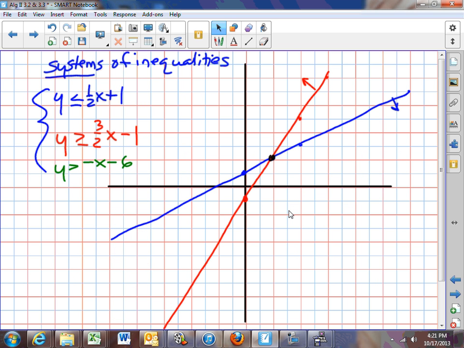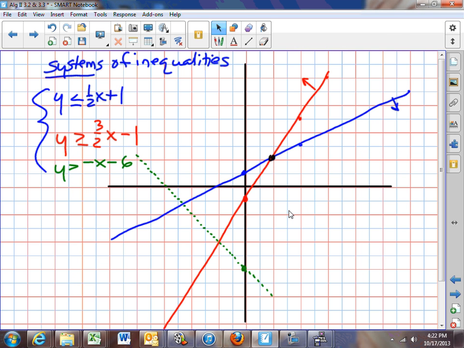And what we'll do then is we'll graph the line that's the edge of this third one, and since the line is y is equal to negative x minus 6, we'll go through negative 6 on the y-axis, that's here, and we have a slope of negative 1, and this one's a dotted line, so our slope will go like this.